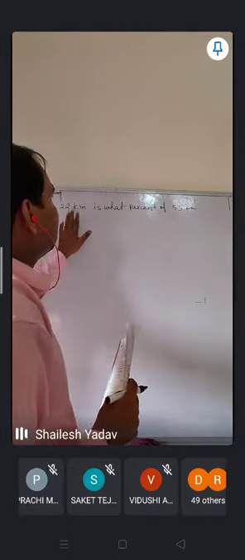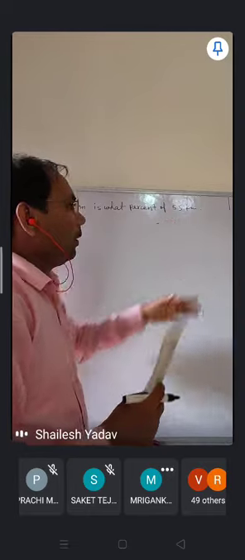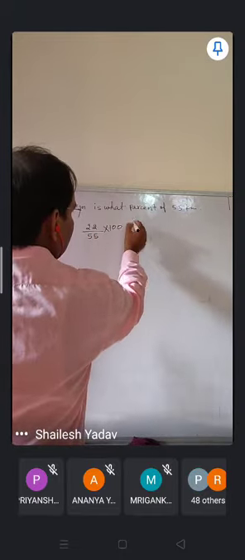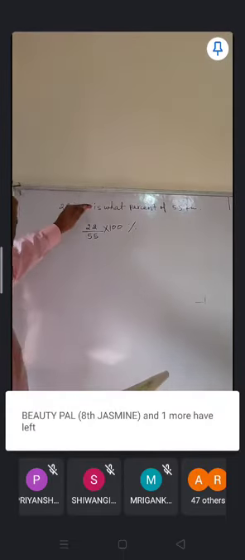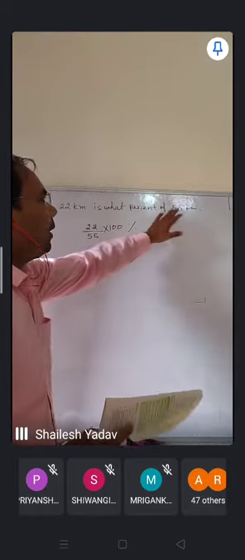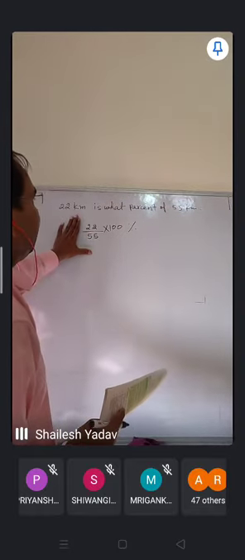Any of the students who can give me the answer? 22 km is what percent of 55 km? It is 22 upon 55 into 100. I had explained this type of question. If you are going to find the percentage, first check whether both values have the same unit or not.